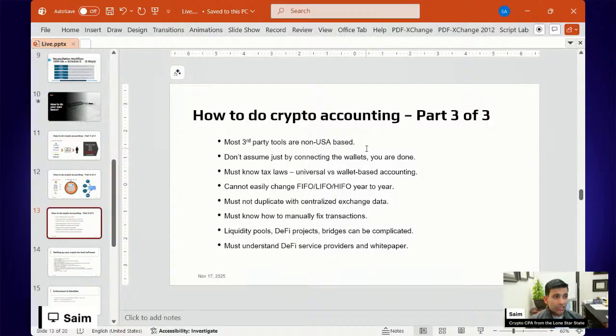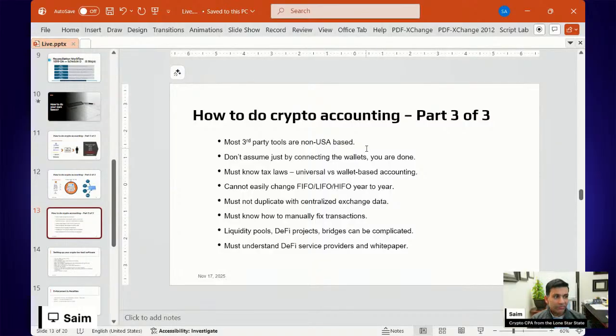You cannot easily change FIFO, LIFO, HIFO from year to year unless you know what data migration looks like. And a lot of these third-party crypto tax tools do have a data migration section, which you can go and lock in your data from prior year and then rearrange to LIFO, FIFO, HIFO. But again, you need to know how to do this. But there's an option now, okay?